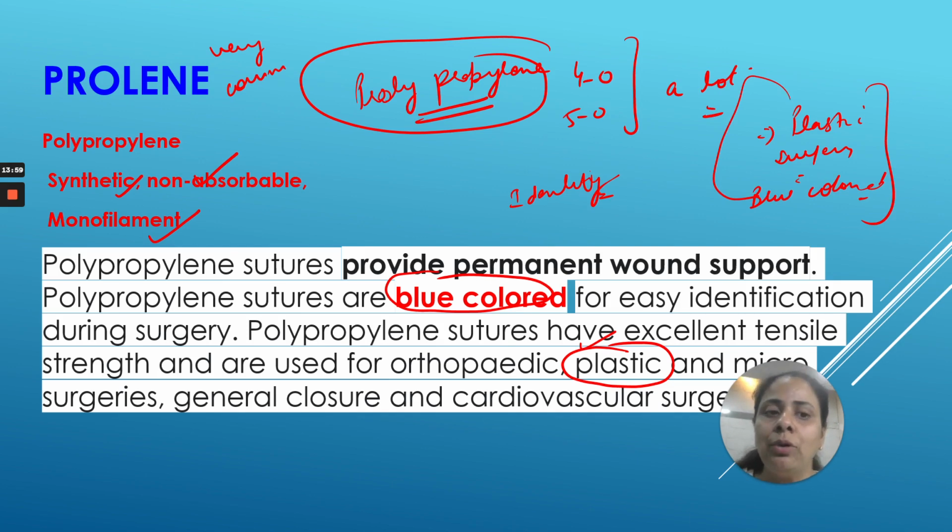Between nylon and Prolene, I will always prefer Prolene. Its knot tying ability is very nice, it does not get untied, and the handling is beautiful, color is beautiful, and strength is beautiful. So I anyway prefer Prolene for my extraoral suturing as compared to nylon.